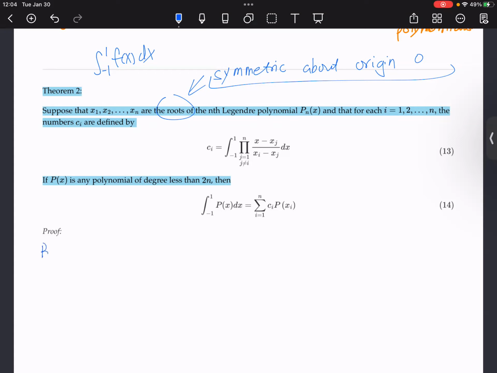In this basic situation, the p(x) is a polynomial with degree less than n.